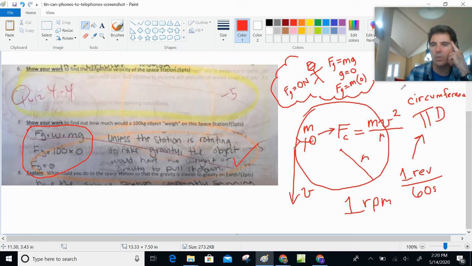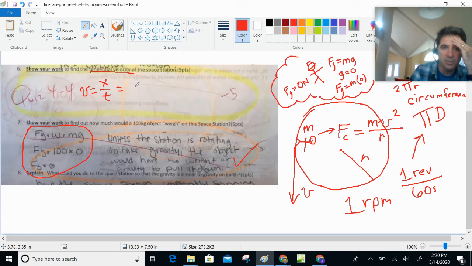It's also 2 pi r, but 2 pi r and pi times diameter are the same thing. So the way you do this first question is the tangential velocity is v equals the distance traveled over the time. What's the distance traveled? It's 1 circumference, which is pi times diameter. What's the time? 60 seconds. That will give you an answer in meters per second.